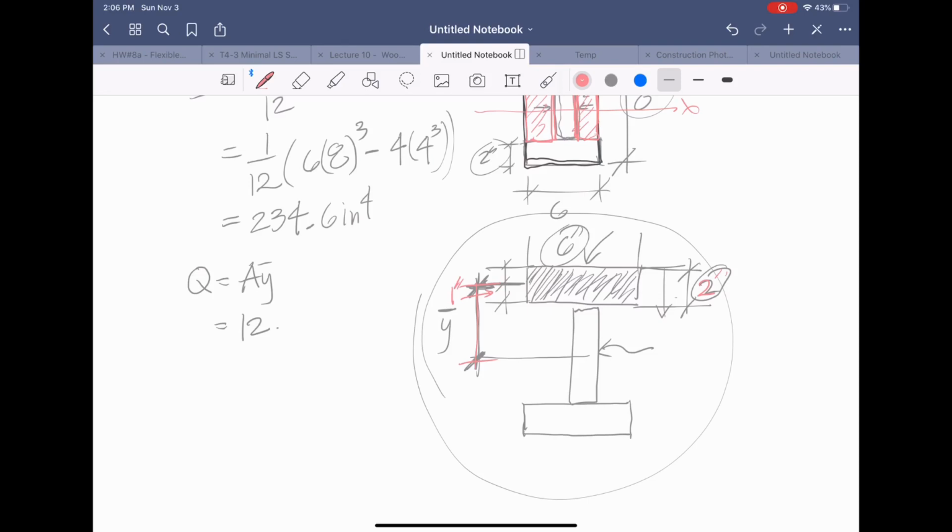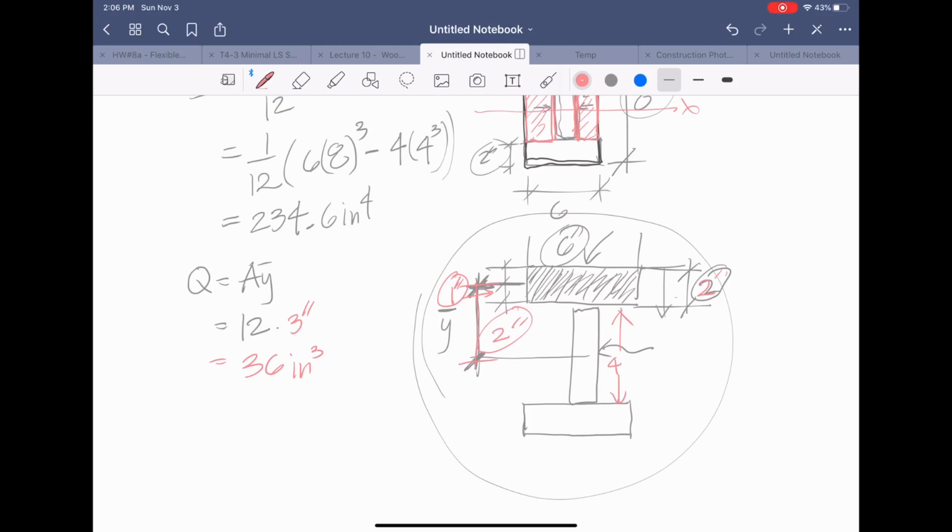And this to here is 4 inches, half of that is 2 inches. So 1 plus 2 is 3. So y bar is equal to 3 inches. So 12 times 3 is 36, and the units would obviously come out to be inches to the third power.